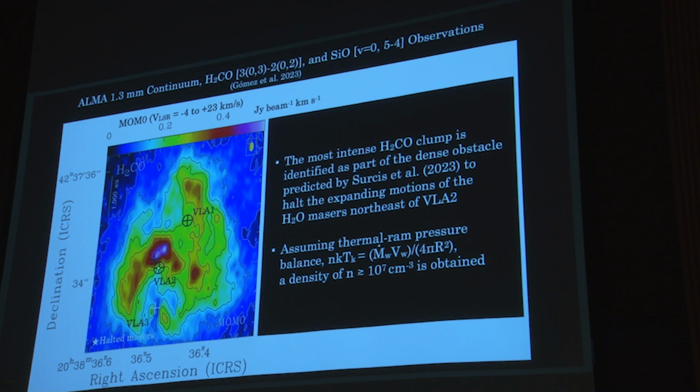Because of the position of these halted masers, we identified this cloud as the obstacle predicted by our previous work to halt the expanding motions. With a very simple estimation of thermal ram pressure between the wind and the gas, we obtain densities higher than 10 to the 7 particles per cubic centimeter. That is reasonable.